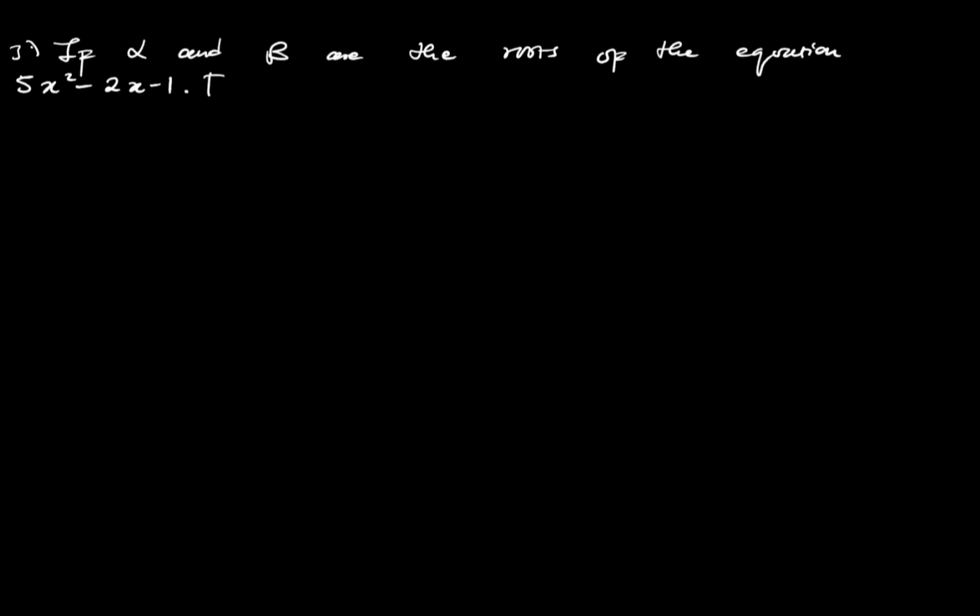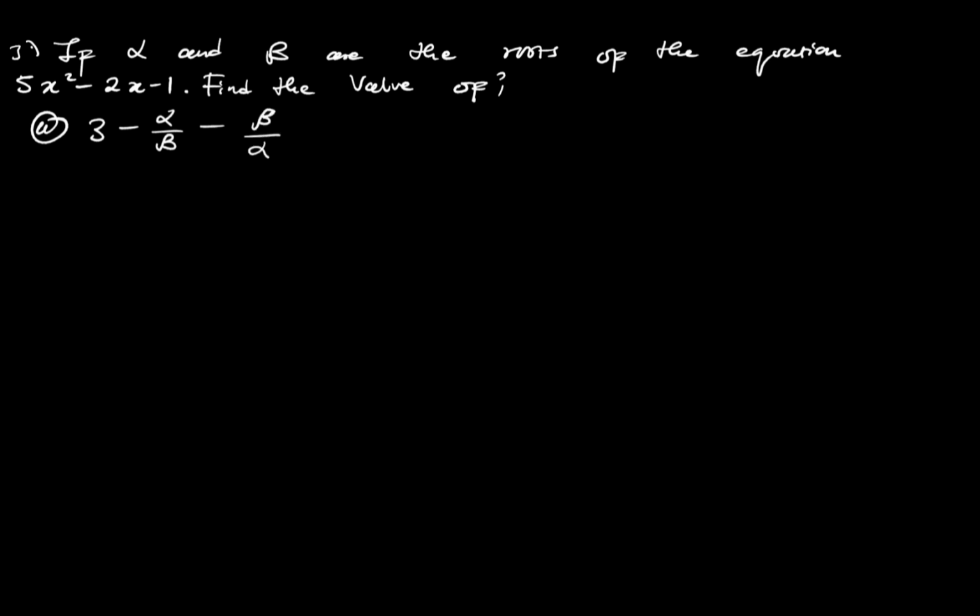Then I say find the value of, let's just do one evaluation. Let's say we have 3 minus alpha over beta minus, let's say, beta over alpha.